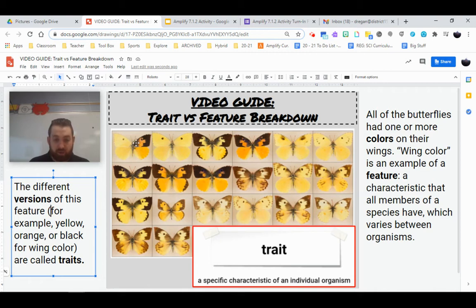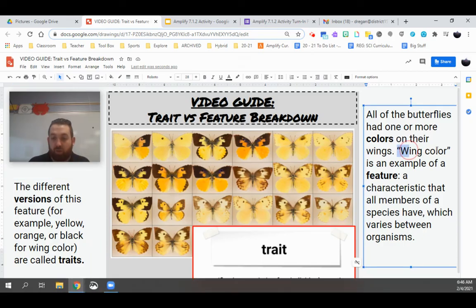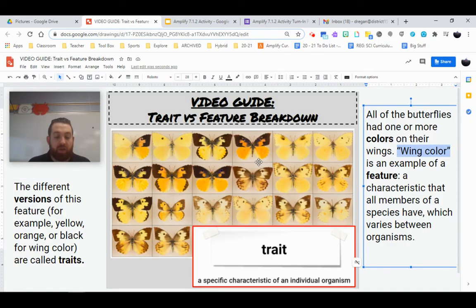For example, we could describe this one as having yellow on one wing and yellow and brown on the other. Those are the specific versions of this group, or feature, within this species.